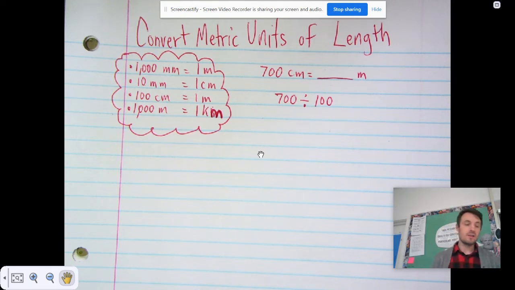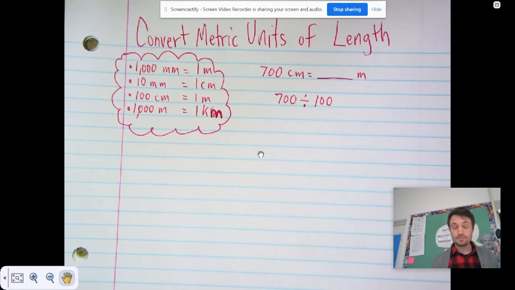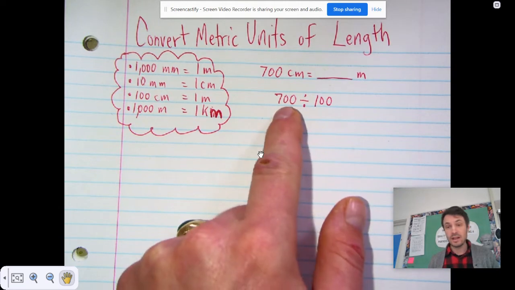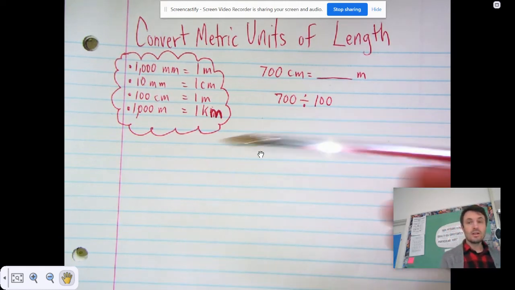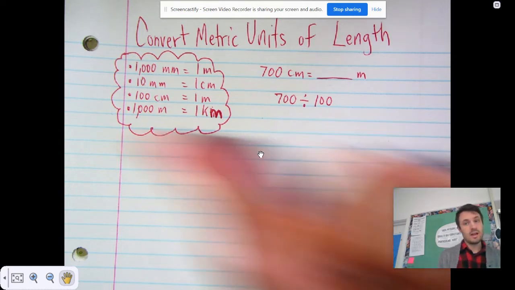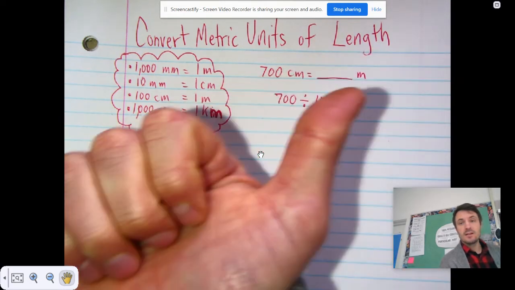And we move it the amount of times as there are zeros in the divisor. Now, if we're dividing, the answer should be smaller than the dividend. So we're going to want to move the decimal point to the left this way. But if we're multiplying, that means the product should be bigger than the factor. So we're going to want to move the decimal point to the right this way.